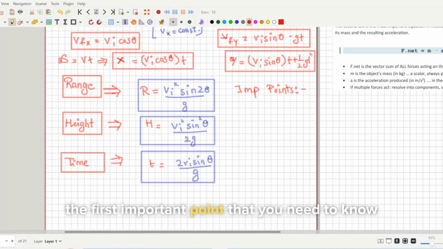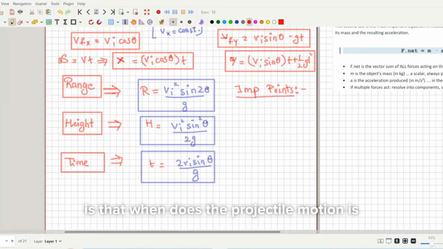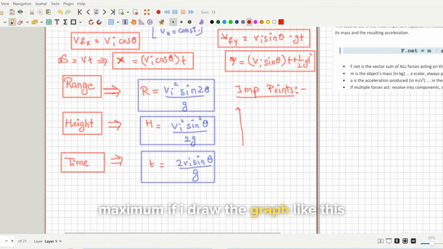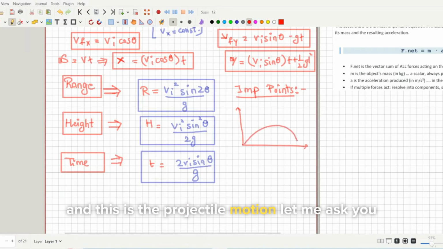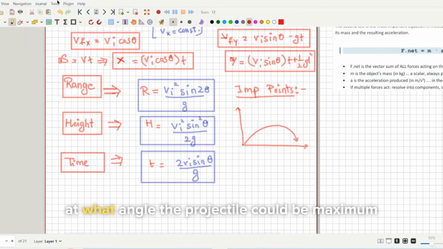The first important point that you need to know is when the range of the projectile motion is maximum. If I draw the graph like this, and this is the projectile motion, let me ask you, at what angle could the range be maximum?